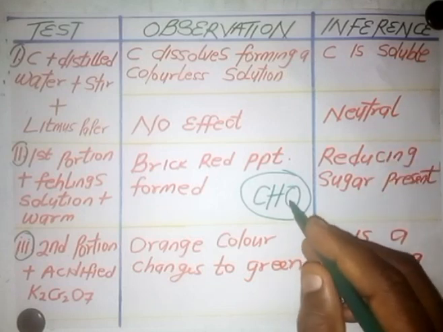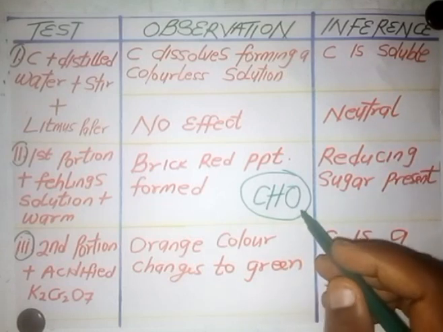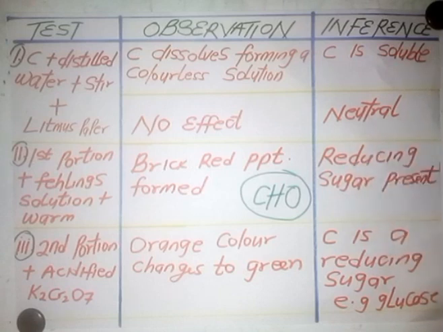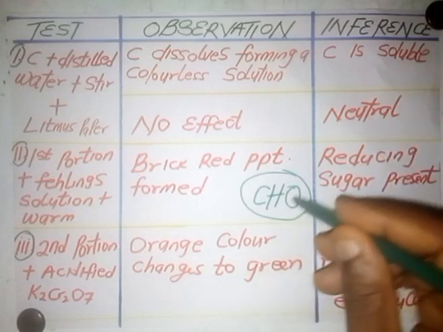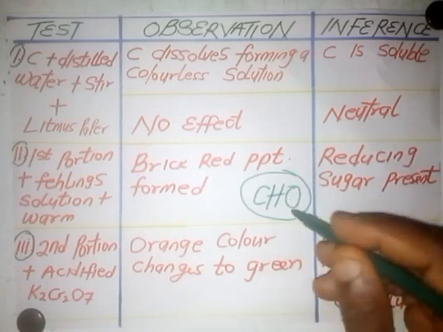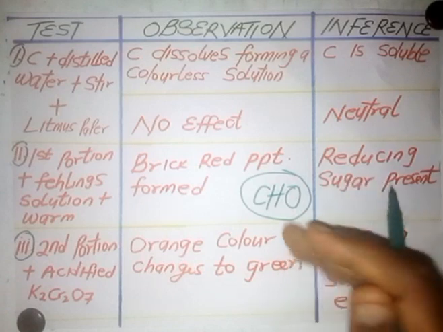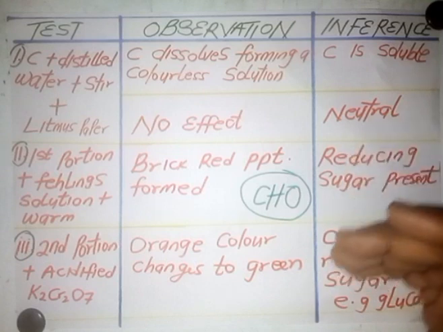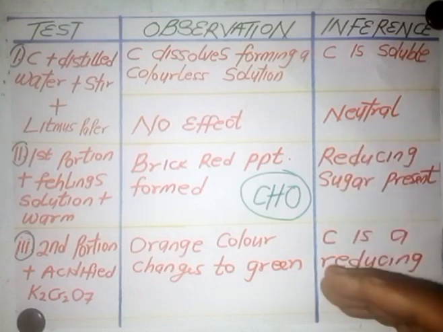This is the aldehyde functional group. This is the group responsible for this type of reactions. That's why it's a reducing sugar. So take note, this is the aldehyde group that makes it react or behave in a certain way in these two reactions.